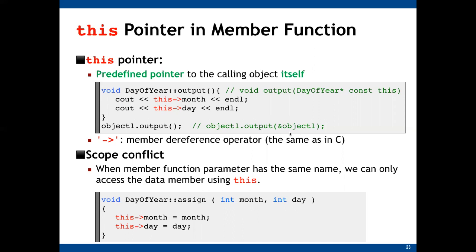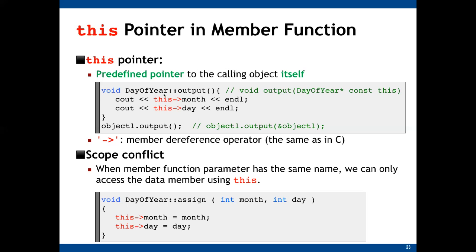Then the C++ compiler also converts these function signatures to something like this one. The class type of pointer named this is automatically added to the function signature as a first argument. So you can think that the this pointer is passed as a hidden argument when you are calling member functions.